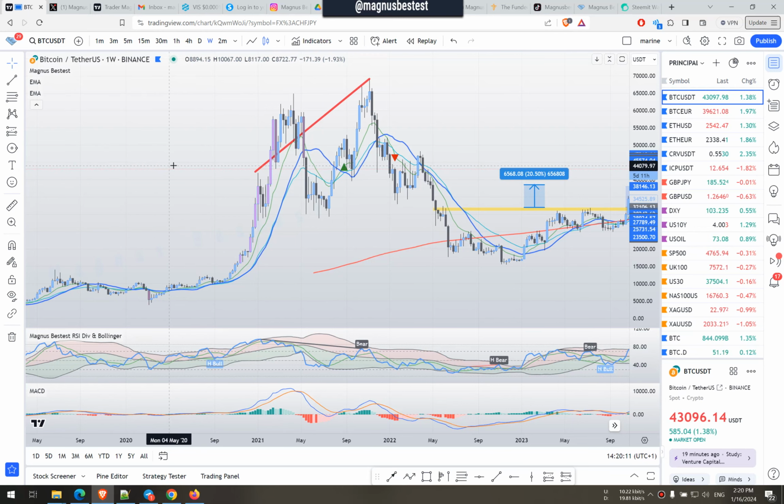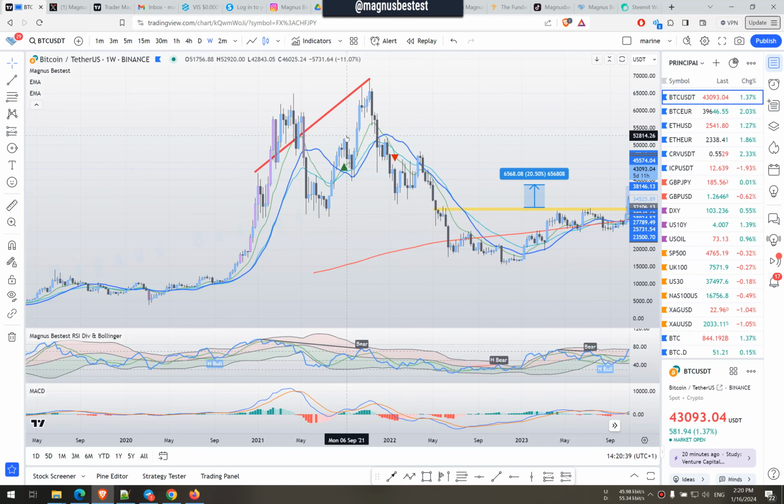I just measure the start of the divergence. So in this case we have it over here. I draw the trend line, and here also on the RSI I draw a line. So this is the distance, and now I actually use it to predict till when we will drop.